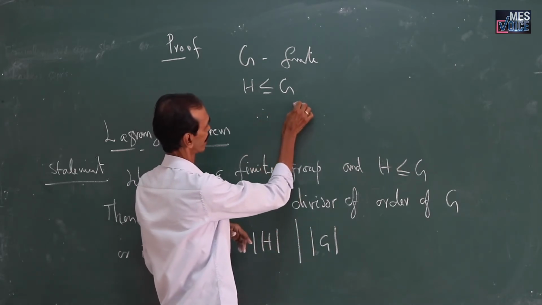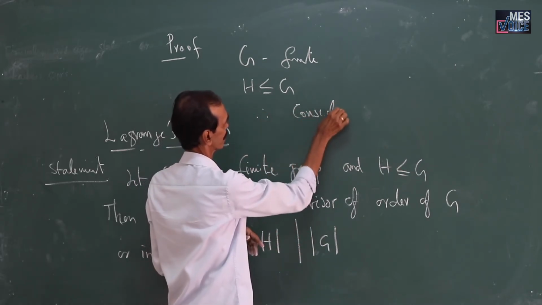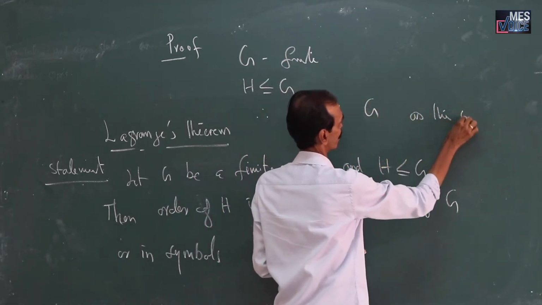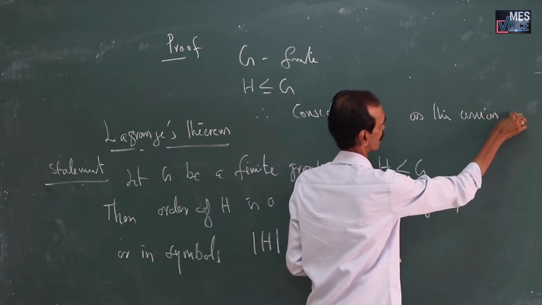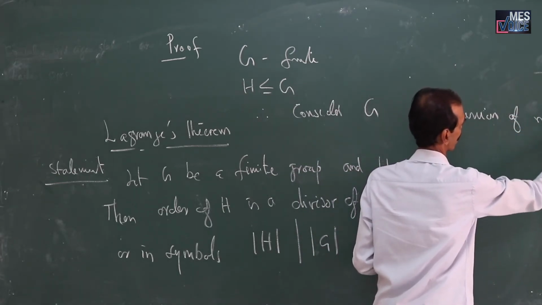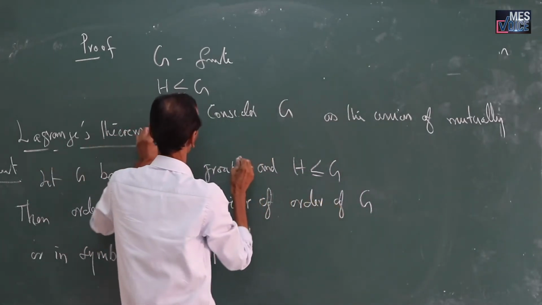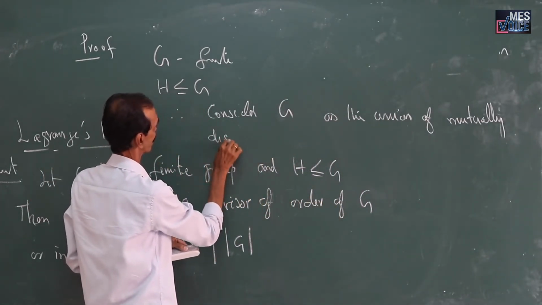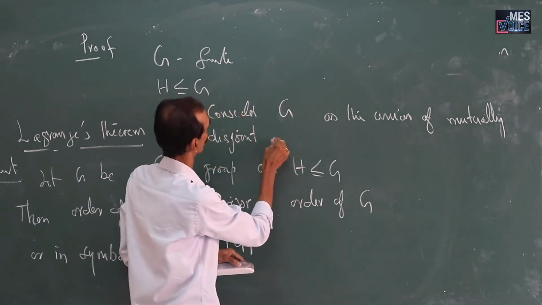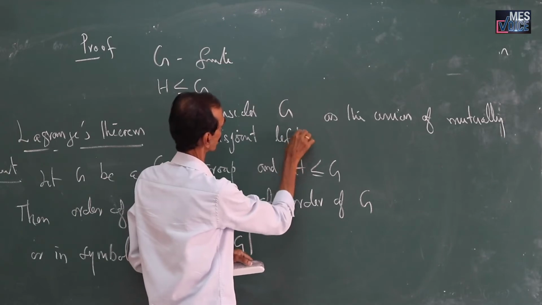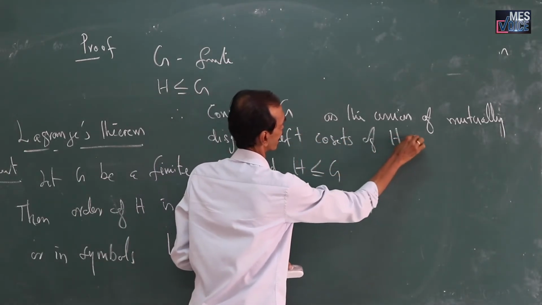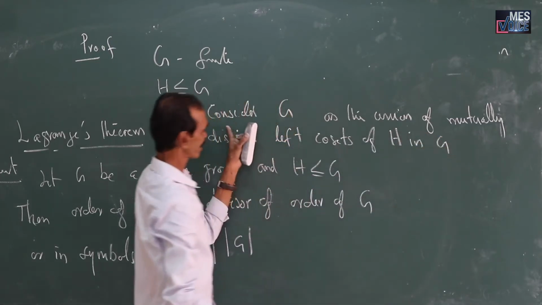Therefore, consider G as the union of mutually disjoint left cosets of H in G. Why is this possible?